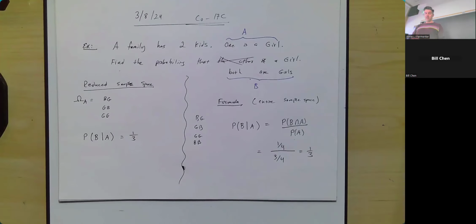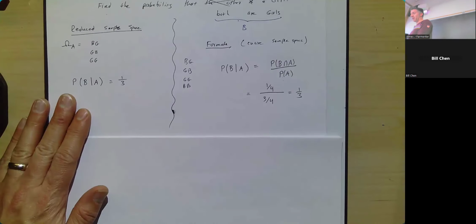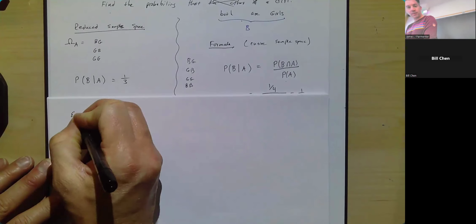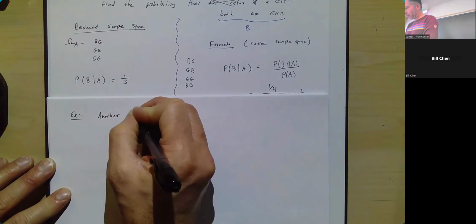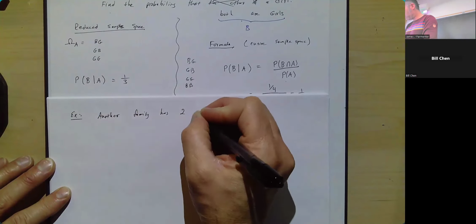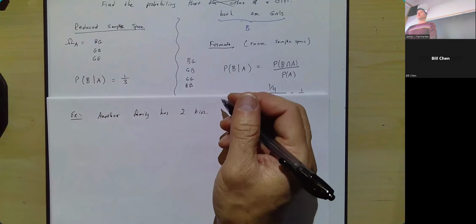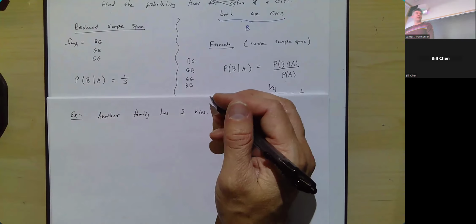And actually that really leads well into the next question, which is now let's say it's a slightly different situation, which you might accidentally think is the same until you are more careful about it. So the next example: another family also has 2 children. You run into them at the store and you meet their child who says she is the oldest daughter, or their oldest kid.